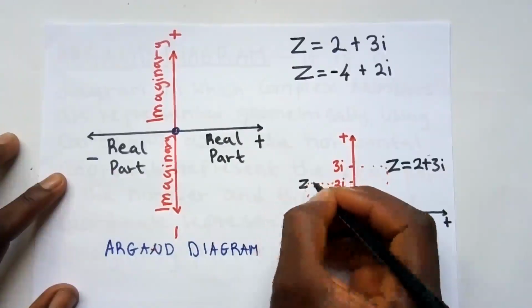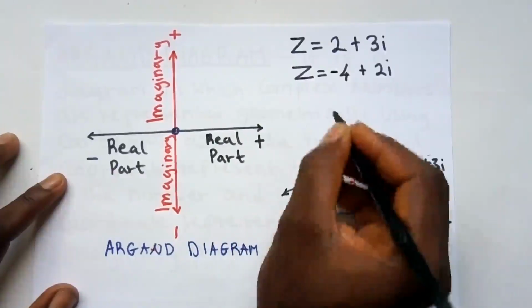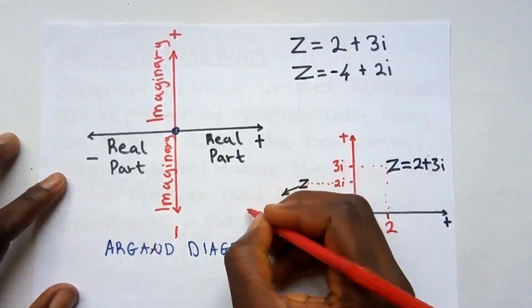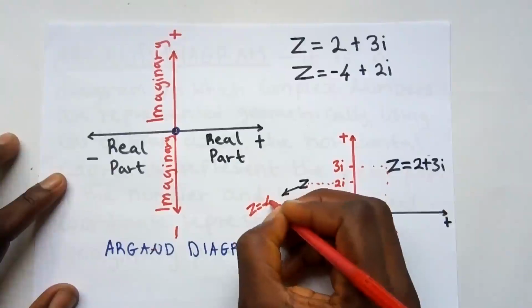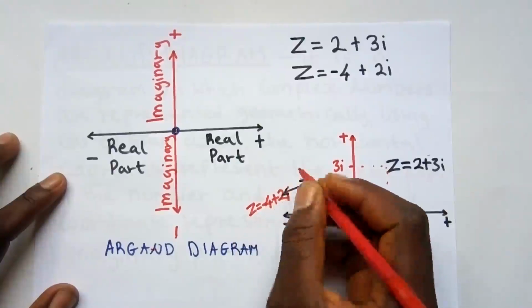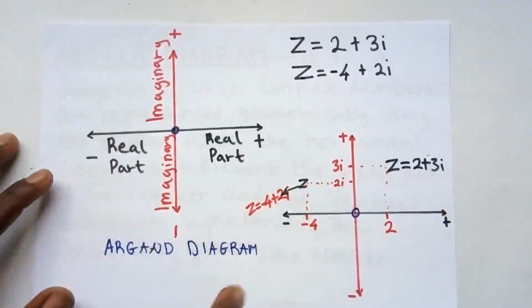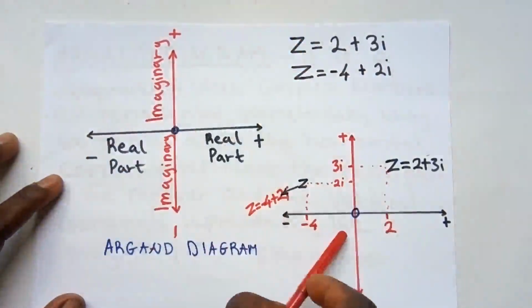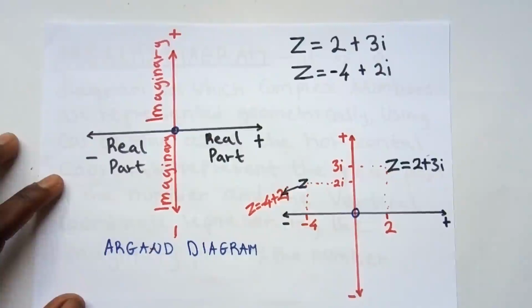So Z is here. Z equal to minus 4 plus 2i. So this is how we represent complex numbers in the Argand diagram.